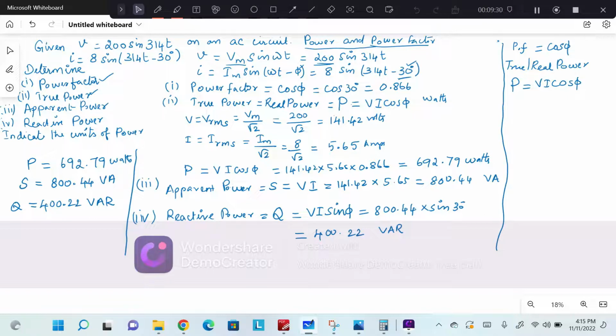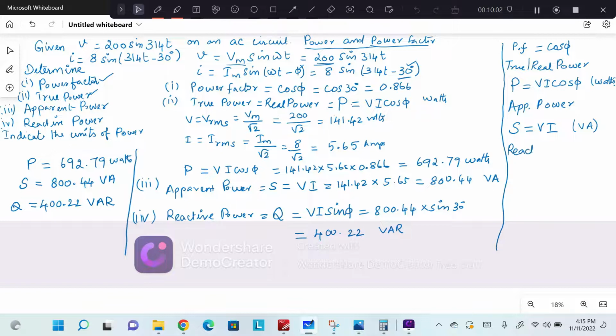And then the next is apparent power. Apparent power is represented by the letter S. S can be calculated using the formula VI, and let me tell you the units also. For apparent power, the unit is volt ampere, which is represented as VA, and for the real power, the unit is watts.